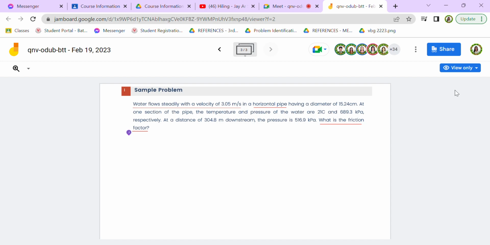So what is known in the problem? It is known that the water flows steadily and it is in horizontal. The pipe is in horizontal position, or the water flows steadily in horizontal pipe.